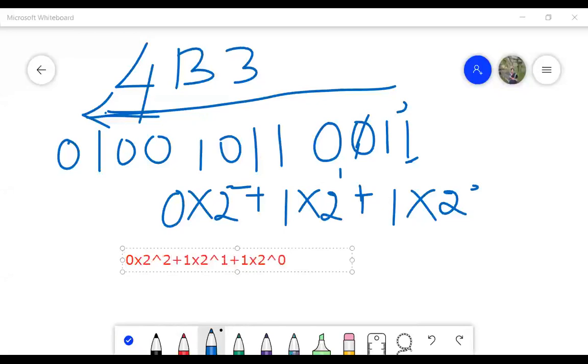So the next one will be again 0 plus 0 into 2 to the power of 3. So 2 to the power of 4, 2 to the power of 5, it goes on. You have to keep on adding.